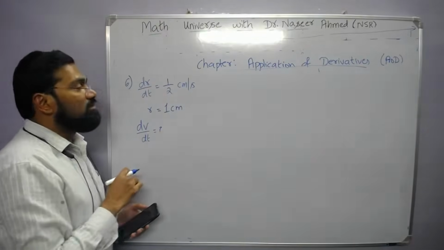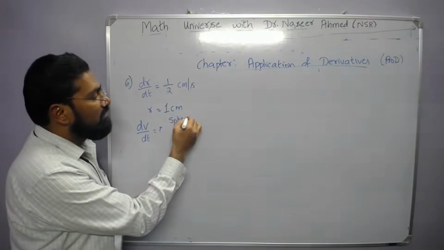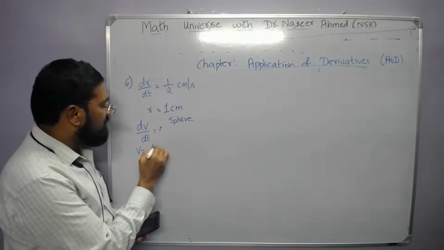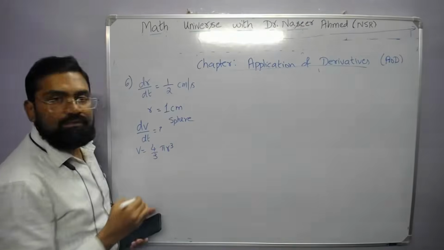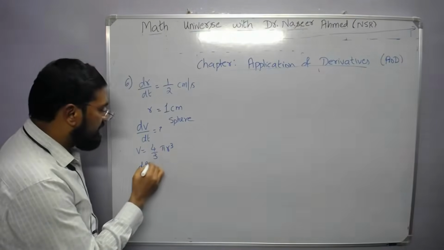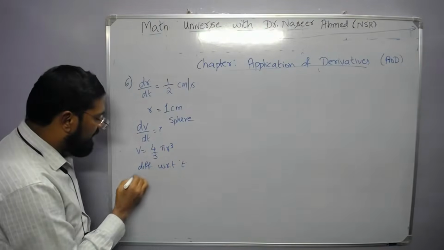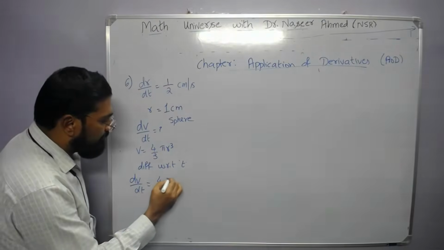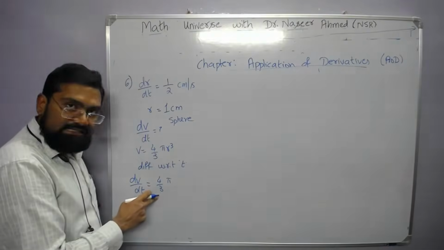Now, what is the formula to find the volume of a sphere? They said air bubble, which will be spherical in shape. The volume of the sphere, V, will be 4 by 3 pi r cube. Now we have to differentiate this with respect to time t. So dV by dt is equal to 4 by 3 pi. 4 by 3 into pi is a constant, so we keep the constant as it is.